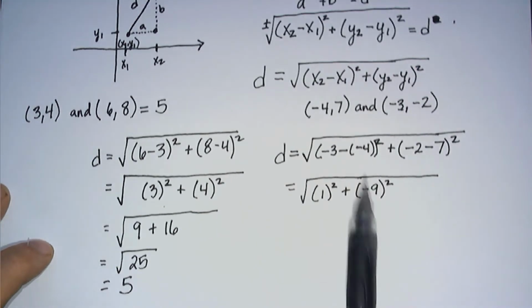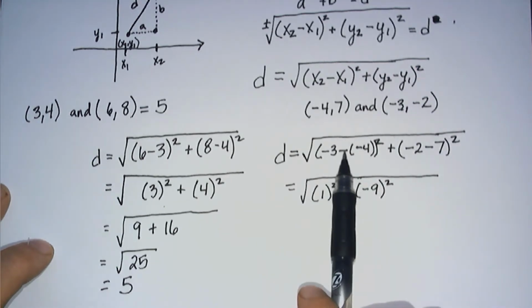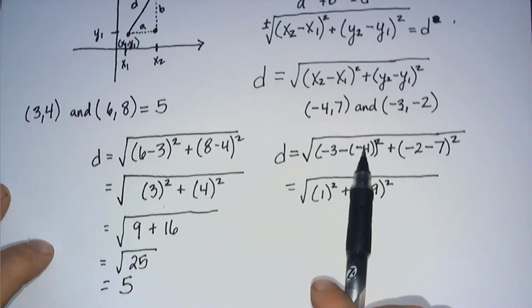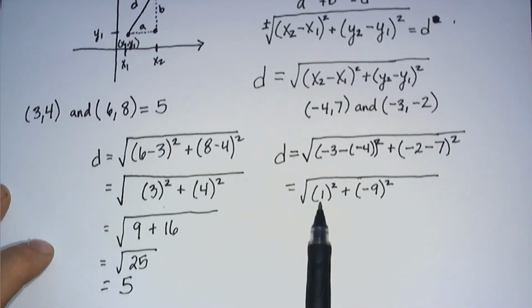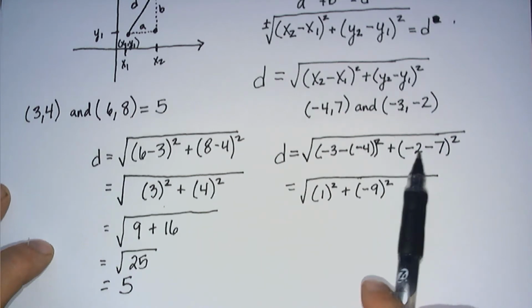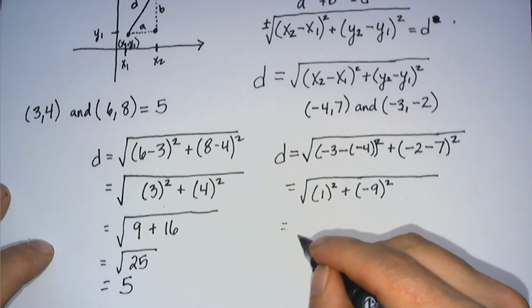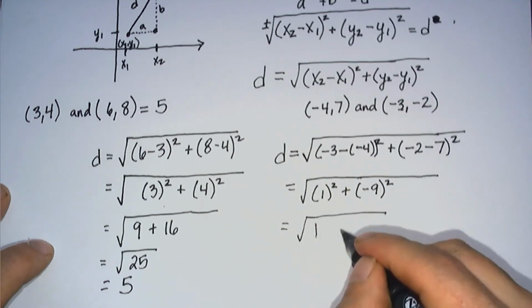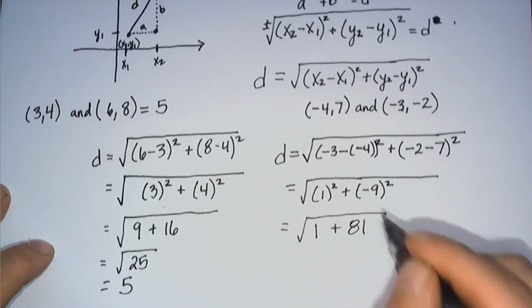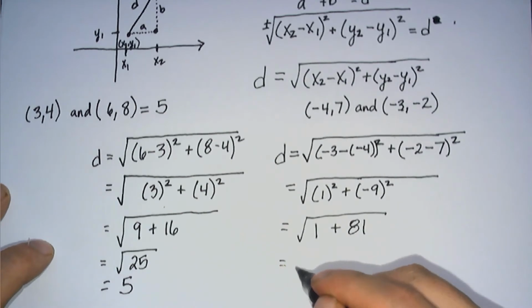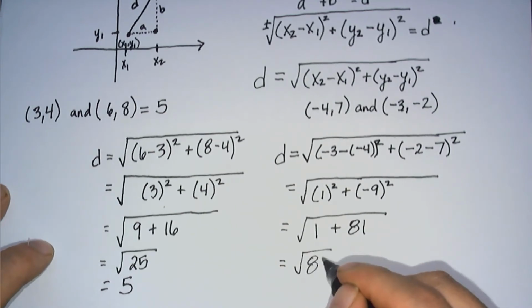Let me do that again. Subtracting a negative is adding, so this becomes 4 minus 3. It's +1. -2 minus 7 more is -9. So now we can do the squares. That's the easy part. 1 squared is 1, and -9 squared is 81. And this becomes the square root of 82.